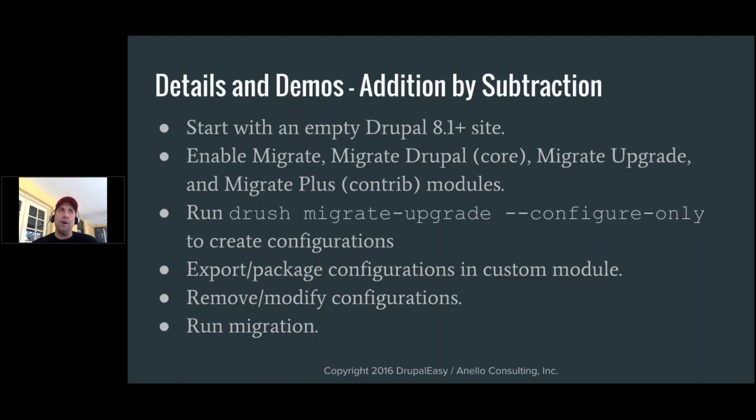I'm not 100% sure of the answer to that. I'm going to show you in a few minutes that one of the ways to provide that connection information, at least for a custom migration, is through the settings.php file. And I'm going to show that as part of my demo.